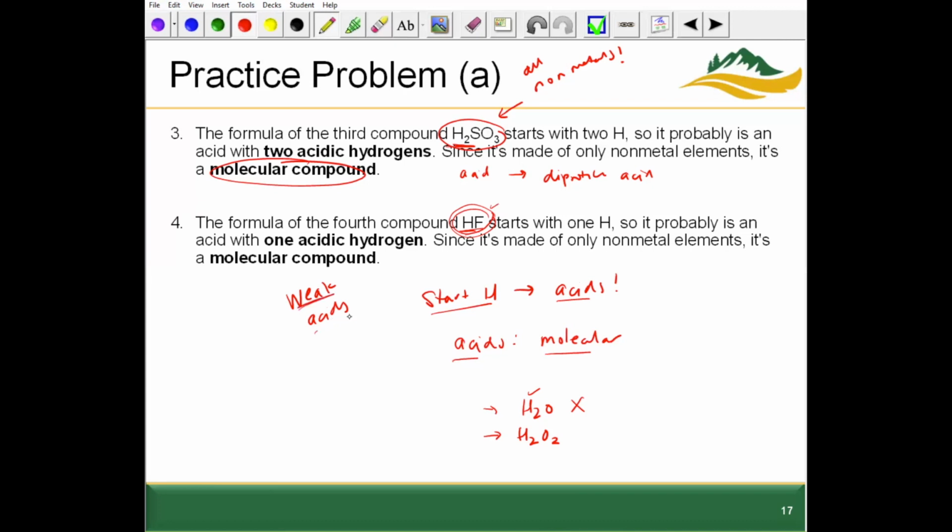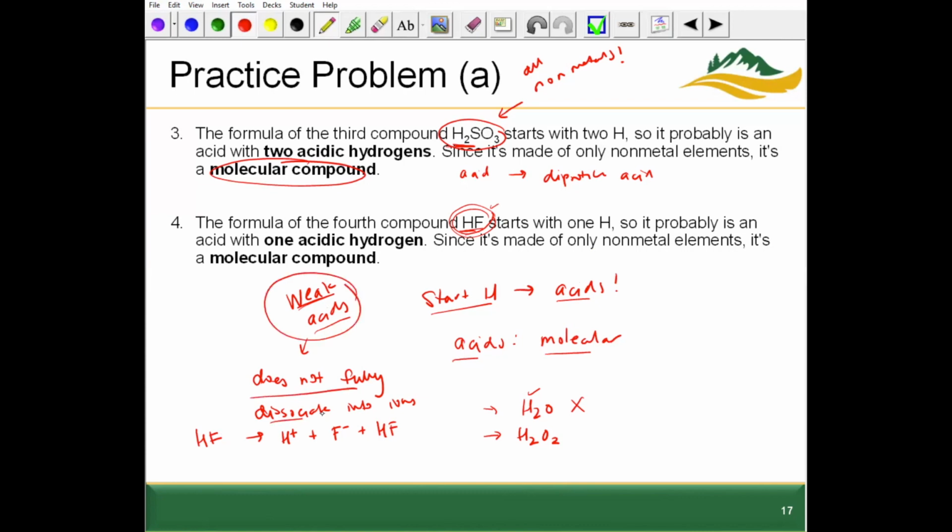How we define that weak acid, though, not as far as danger, is that it does not fully dissociate into ions. So it doesn't fully dissociate into H+ and F-. We're going to have some HF also present on the product side of this reaction. That's the only reason we call this a weak acid.